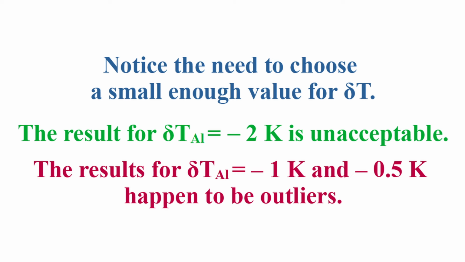Notice the unacceptable negative value for the total of the two sums in the case of del T for aluminum equal to negative 2K, and the positive values for negative 1K and negative 0.5K are considerably off from the other smaller values for del T. Thus, it is important to choose small enough values for del T during this analysis.